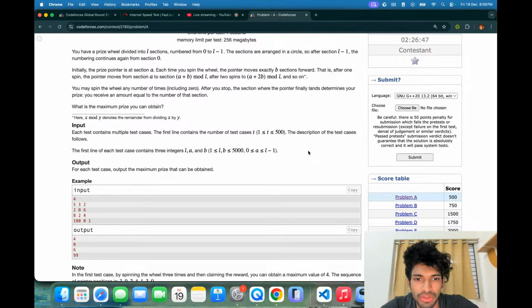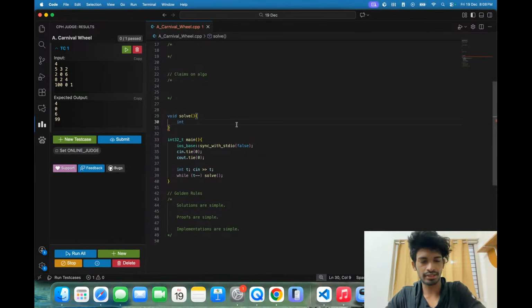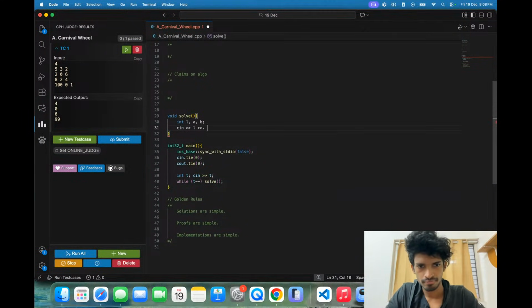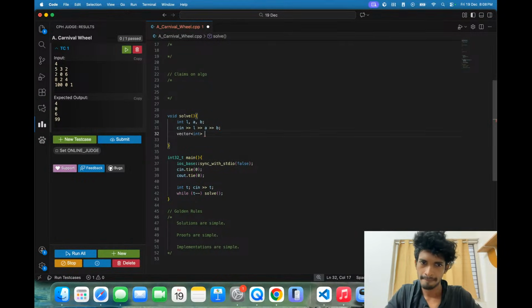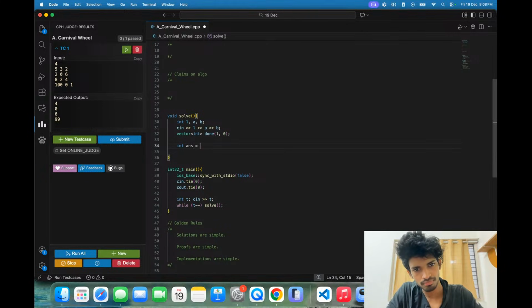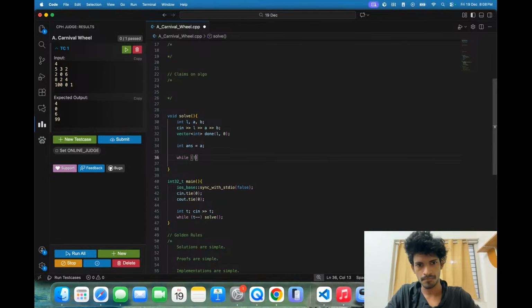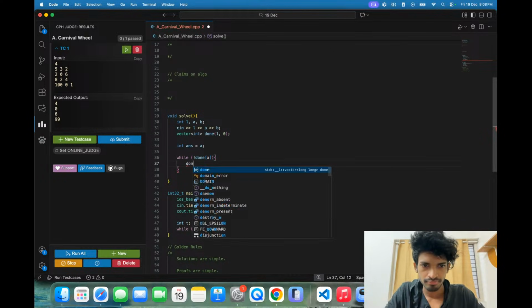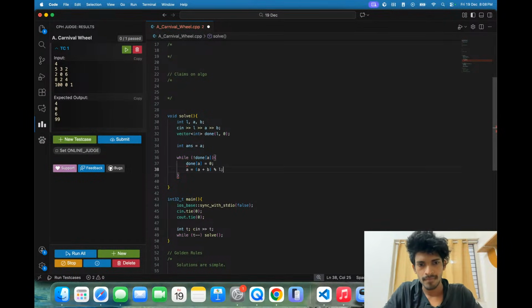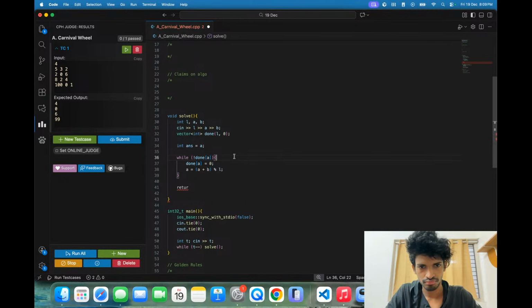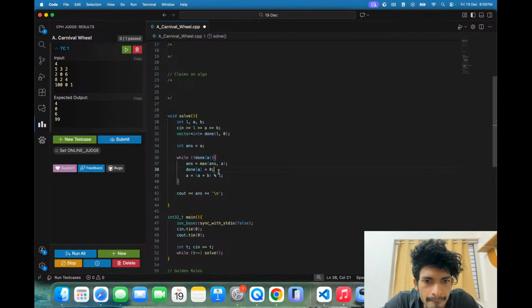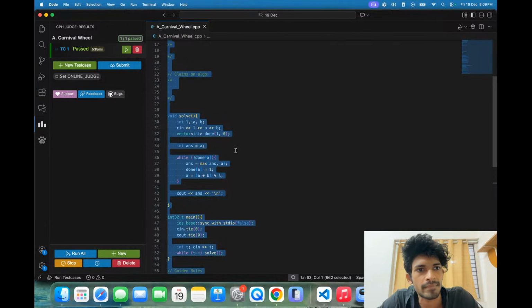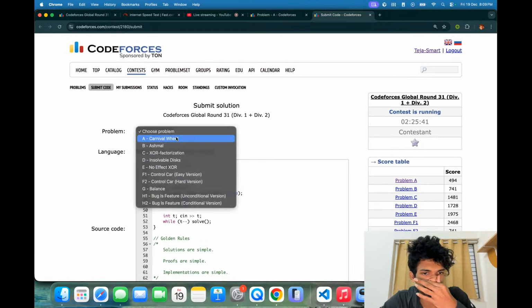Okay, it's the maximum place where we can go. This should work.